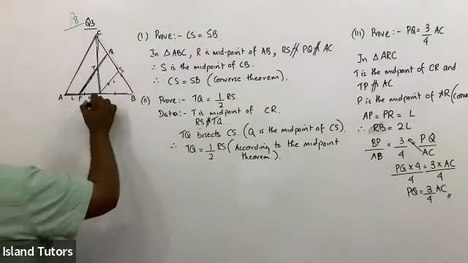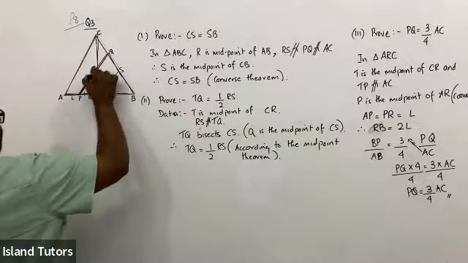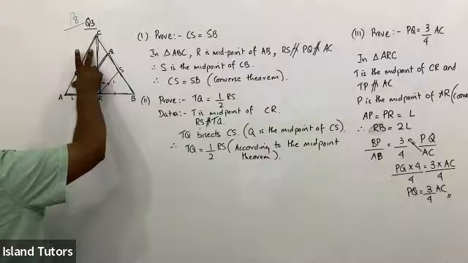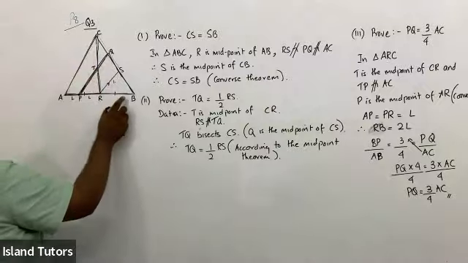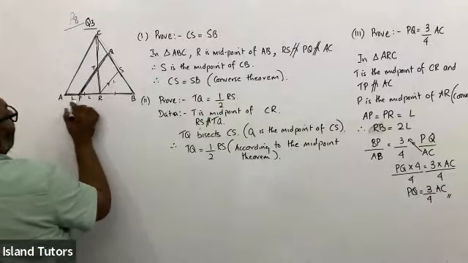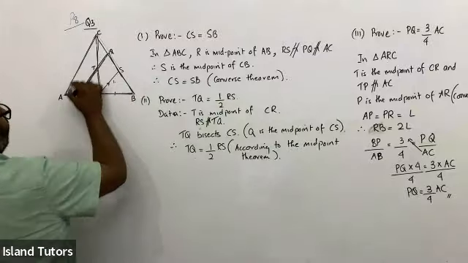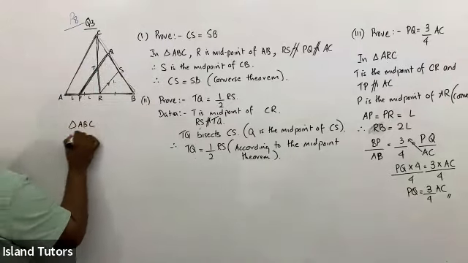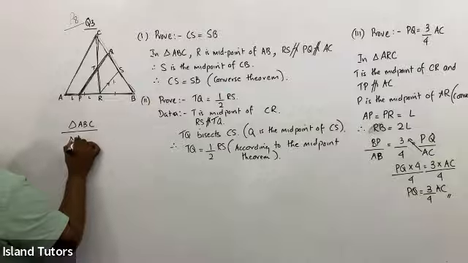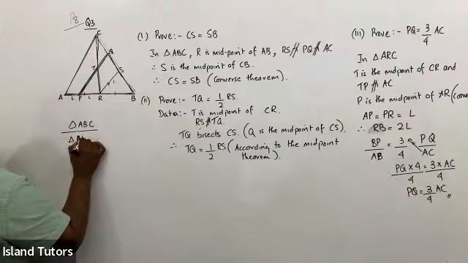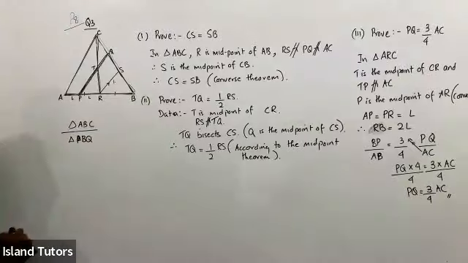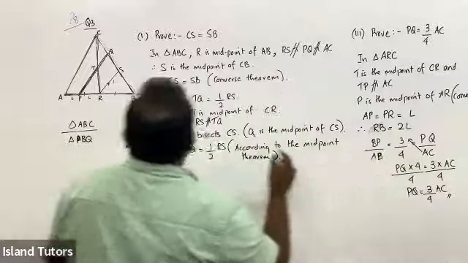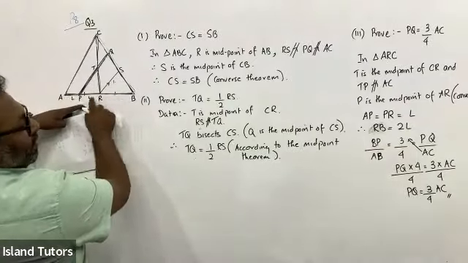Okay. So if you take this triangle, this side is to this side, that is BP, QP is to AC, is the same as this side is to this side of the bigger triangle. So you have to take triangle ABC is to triangle BPQ. Okay. So BP, that is this side, is 3 times this.